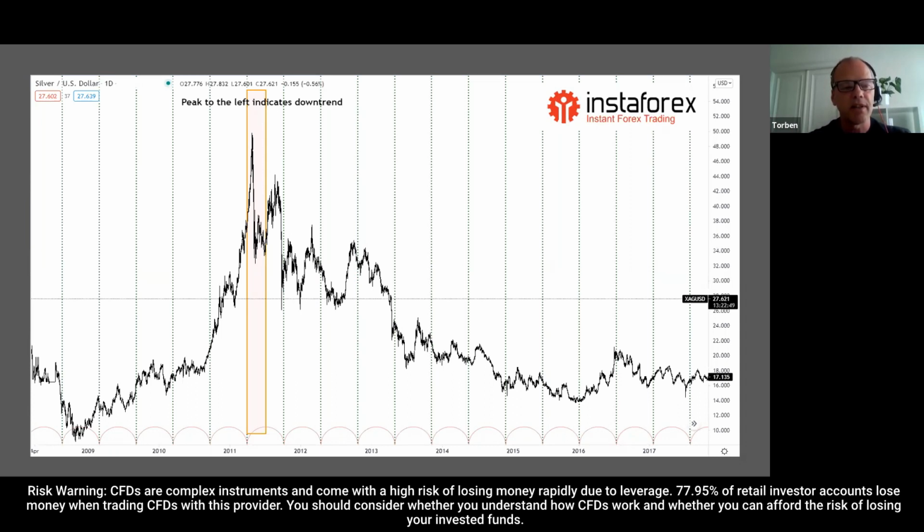I know that InstaForex has this MT4, MT5, and I would actually expect that you could do something similar with this, but I have used this for many years, and I'm pretty happy to use this. It gives me all the variation that I want to work with, and I find it super simple to work with.